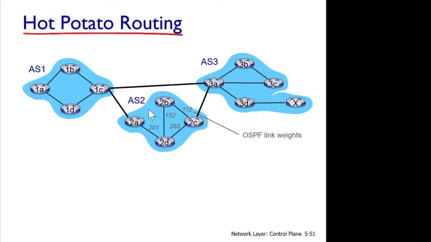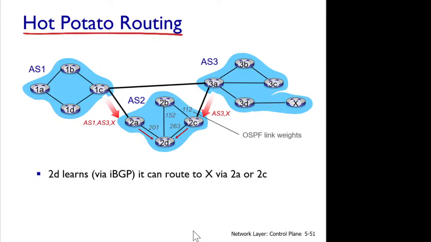We'll imagine these are OSPF link weights, in other words, your link state Dijkstra's weights, your costs, your least cost paths. We'll imagine this information has just come in that X is reachable. Router 3A has just sent an eBGP message saying X is reachable via AS3. It arrives here on 2C, and that information is communicated everywhere.